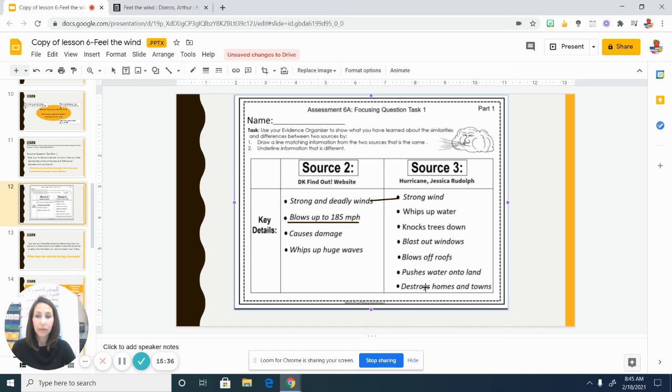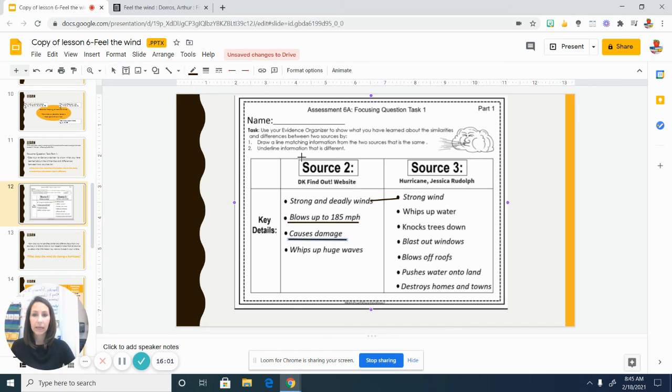Some of these details talk about causing damage, but I think they go into a little bit more detail. So I would say that they're not quite the same. So I'm going to underline this. And then, I think some of these other details about blasting out windows, knocking trees down, blowing off roofs, I think that's more specific information.